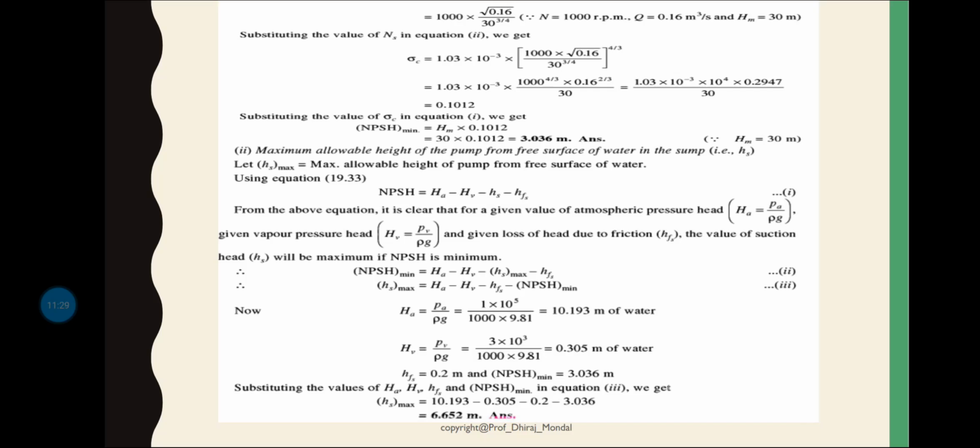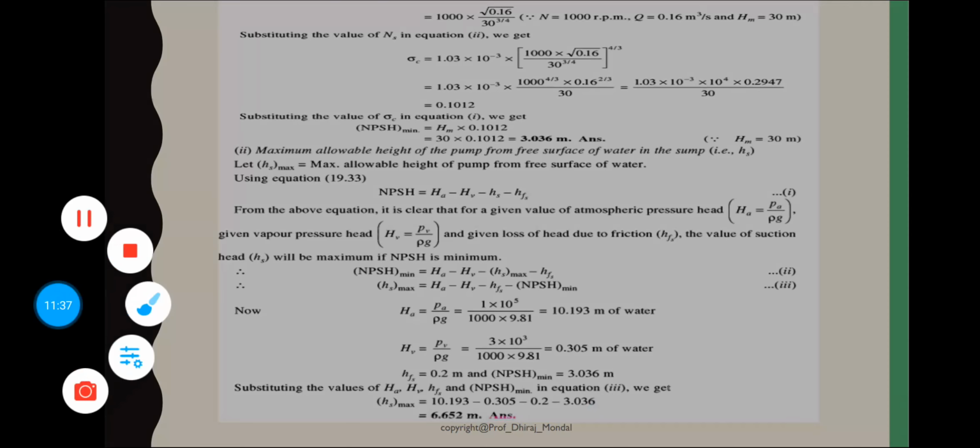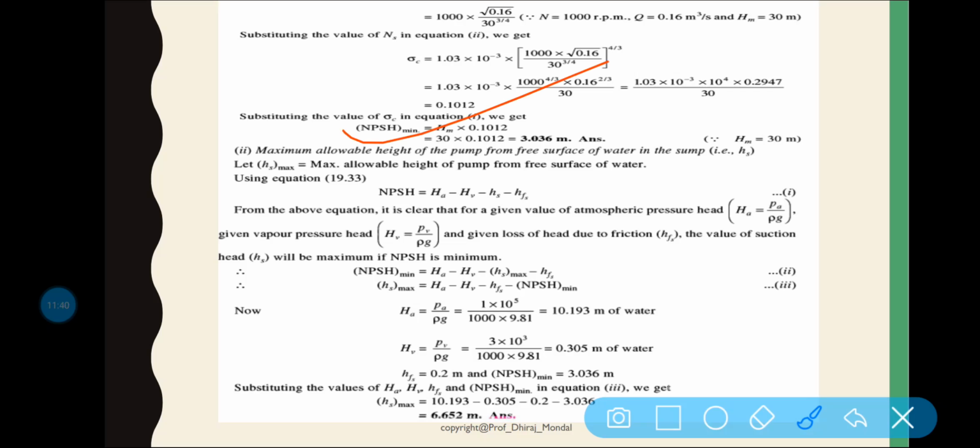HFS is equal to 0.2 and NPSH is equal to 3.03, already I have got it. So put the value, then you will get HS max, that means the maximum allowable height of the pump.